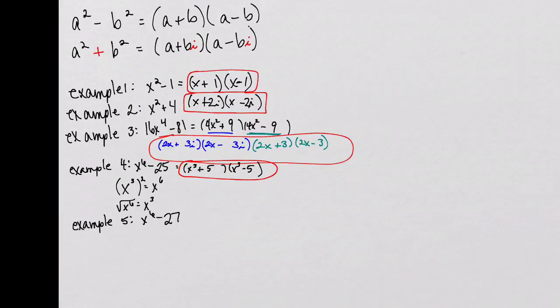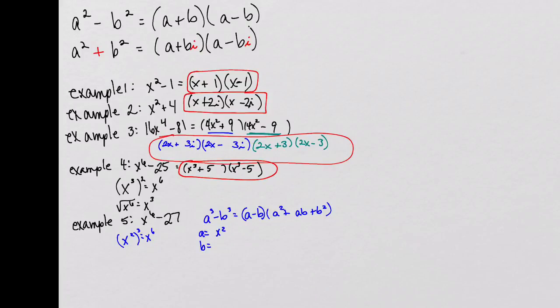So let's see, our formula for the difference of cubes was that if I had a difference of cubes, that was going to give me a minus b and then a squared plus ab plus b squared. So I have to figure out what my a and my b are. Well, x to some power cubed has to give me x to the 6th, so that's my 2. That means a is going to be x squared.